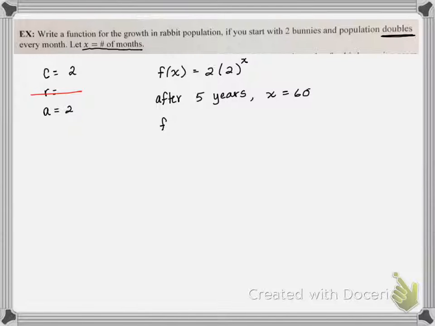So f of 60 is what? Whoops, not 6. What is it? 120? That seems low. I think that's what you get if you multiply 2 by 60. We want to raise 2 to the 60 power.